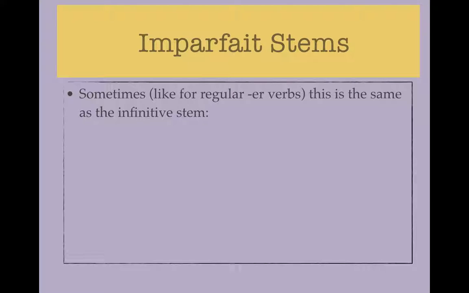Depending on which verb you're looking at, like regular ER verbs, it can be the same as the infinitive stem. If we think about parler, we drop the ER to find parl-. Present tense, nous parlons. Drop your ONS to find your imparfait stem is still parl-.